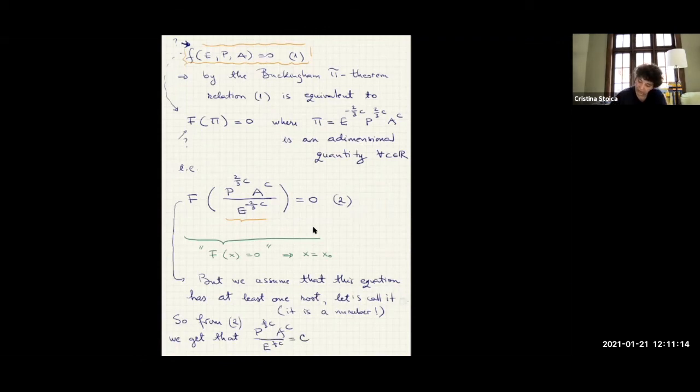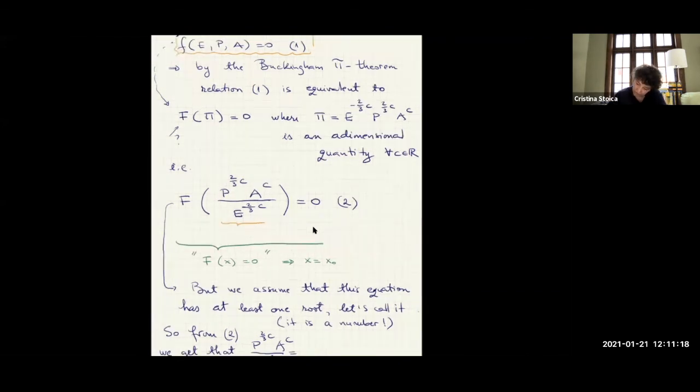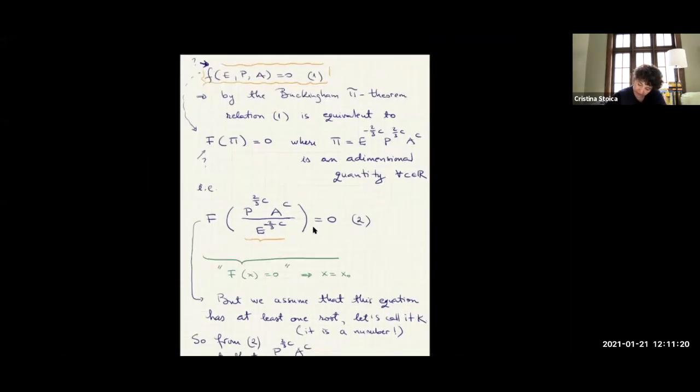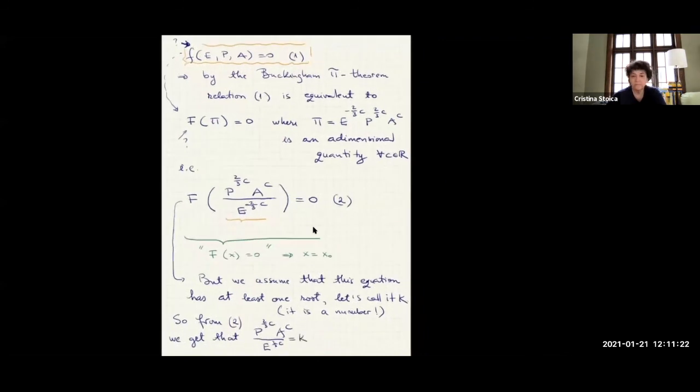Let's call it K, a constant. All right, so from relation 2, we get that P at 2 over 3C, A at C over E at 2 over 3C is a constant that we call K.